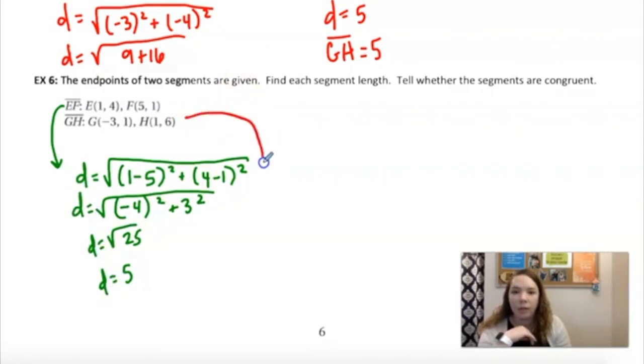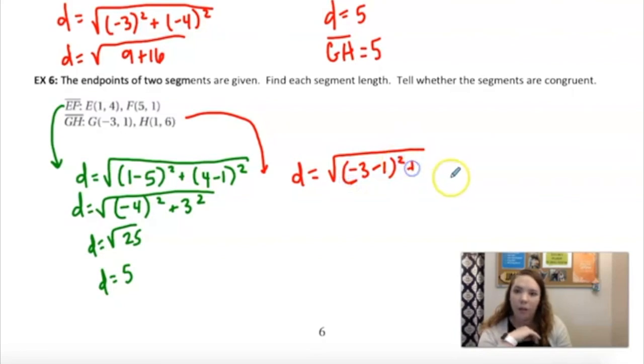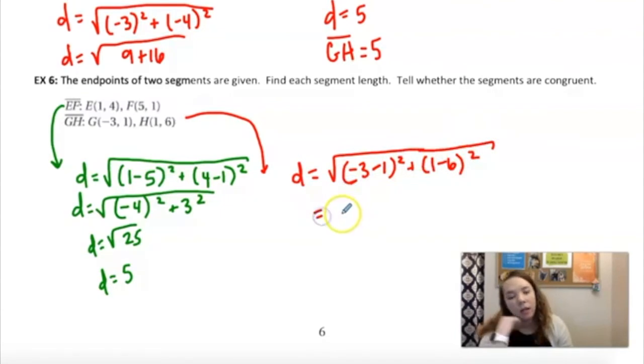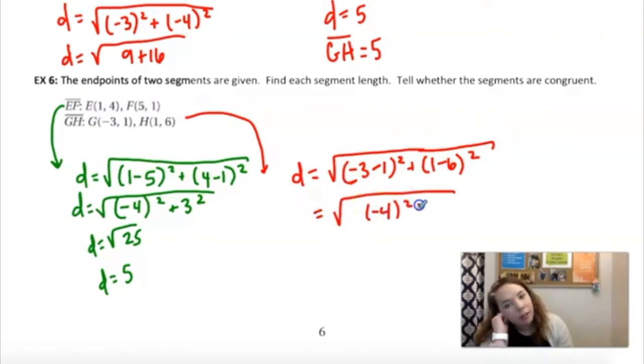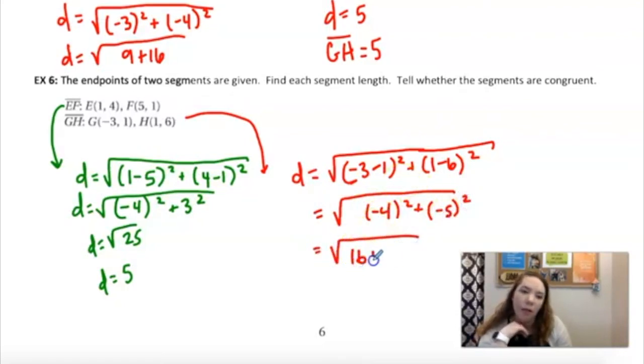Okay, all of these are your distance. And then we'll do the same for GH. And 1 minus 6. So this one is going to be -4 squared plus -5 squared. So 16 plus 25 is going to be 41.